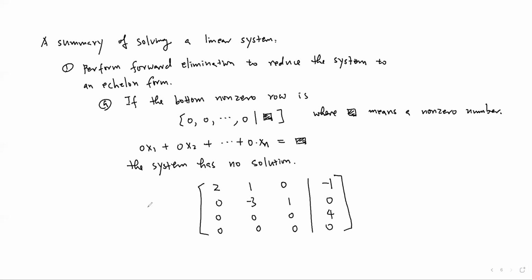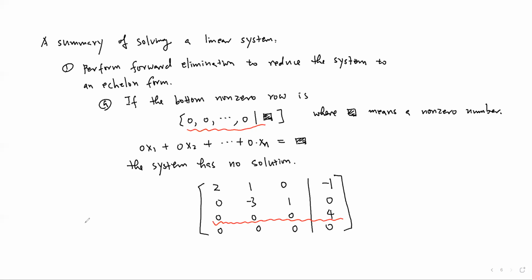The bottom non-zero row is the third row, and the third row is in this form. So this linear system has no solution. No solution, then stop. We don't need to continue with backward elimination because we know there is no solution. Stop here.